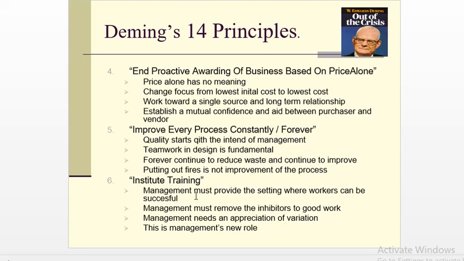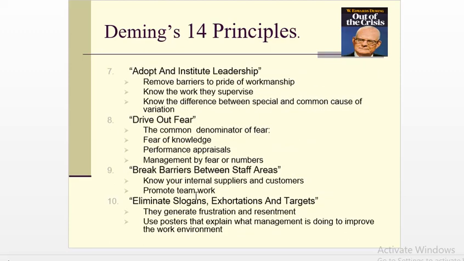Then the sixth point, institute training. We have to build management and institute training for the workers. Then the seventh point, adopt and institute leadership, removing barriers to pride of workmanship.